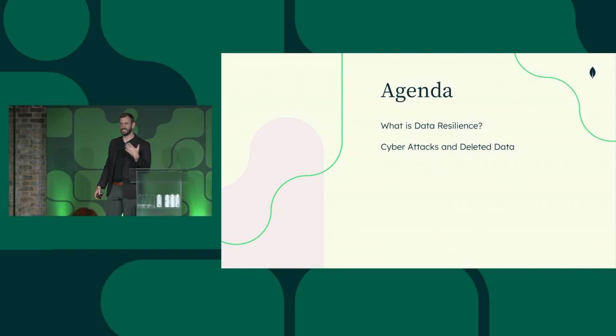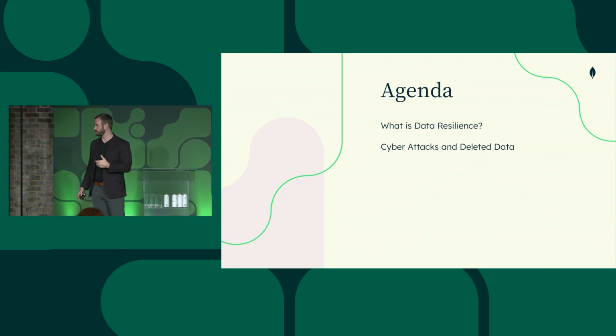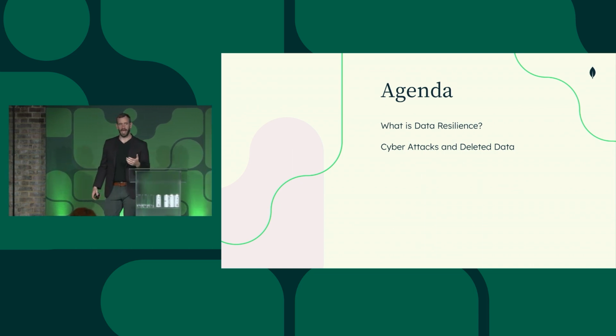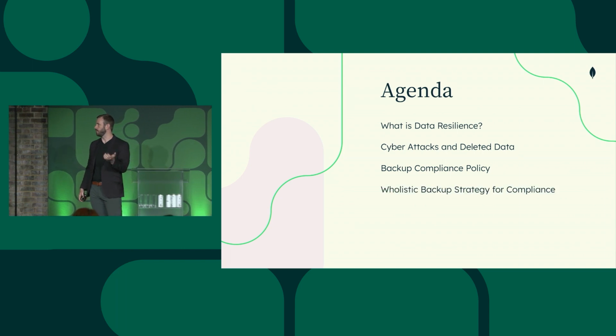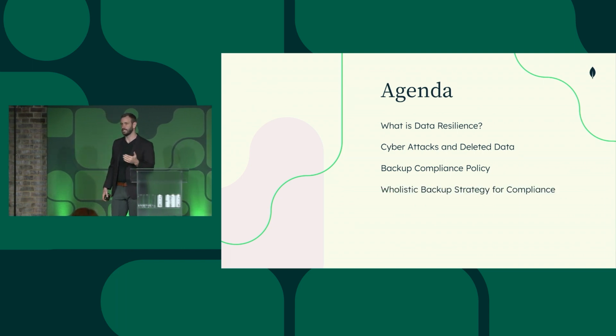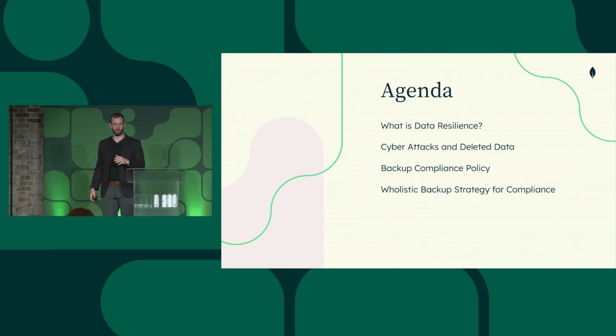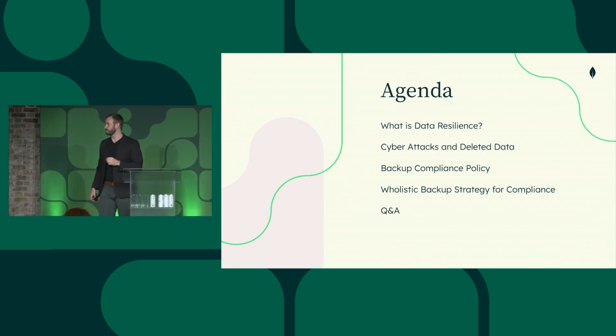So basically the reasons that we're focused on these data resilience strategies and some of the impact that they can have and have had to other companies. Then we'll take a look at what we call backup compliance policy and how it really interacts with our holistic backup strategies within MongoDB Atlas, really focused on compliance. And then if we have some time, we'll leave a little bit of time for Q&A at the end here.